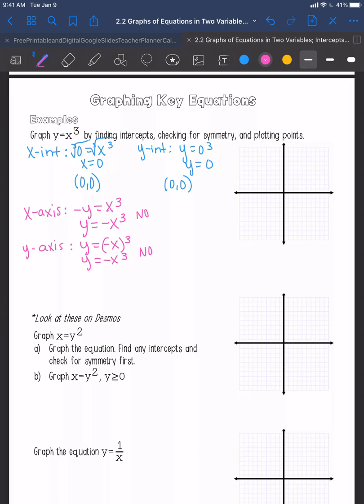So now we check for the origin, negate both of them, so negative y equals negative x cubed. If you divide by negative 1 on both sides, the negatives cancel out. So y equals x cubed is the same, so there is symmetry with respect to the origin. Okay, so now we can plot some points.